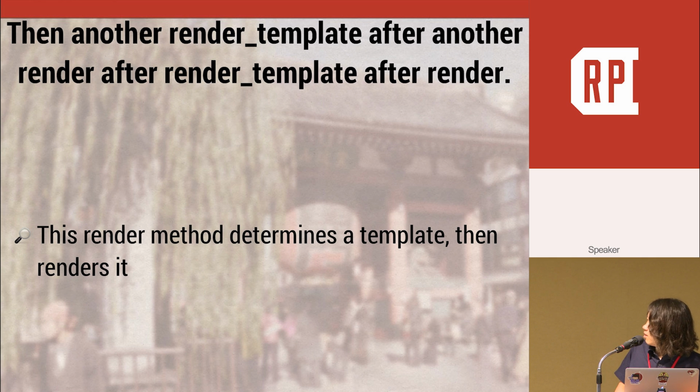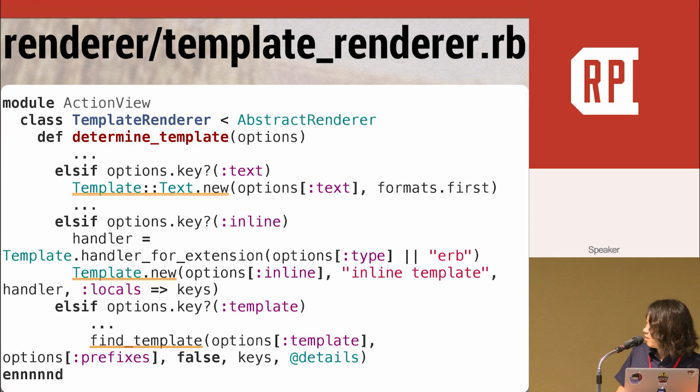So, determine template is doing something like this. If the option text is passed, then it creates an instance of template text. If the option was inline, then it creates an instance of template with inline string. And if the option was template, then it finds template.